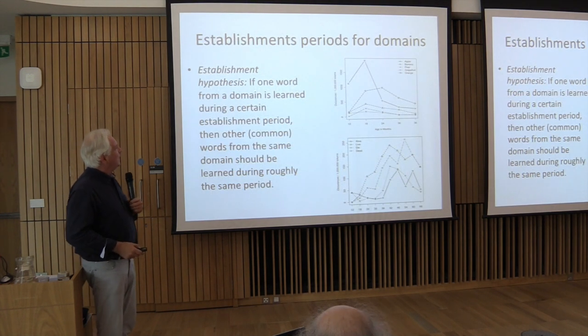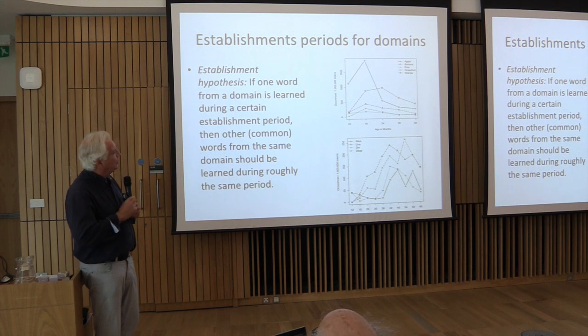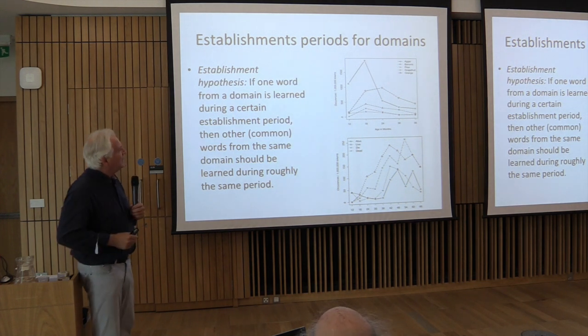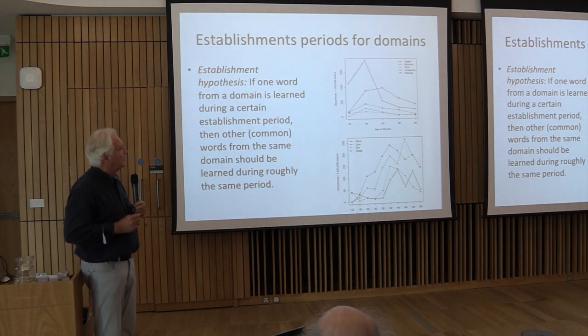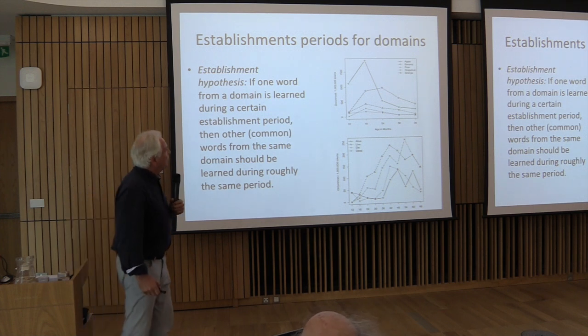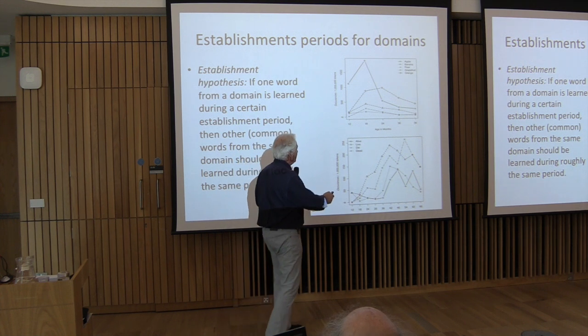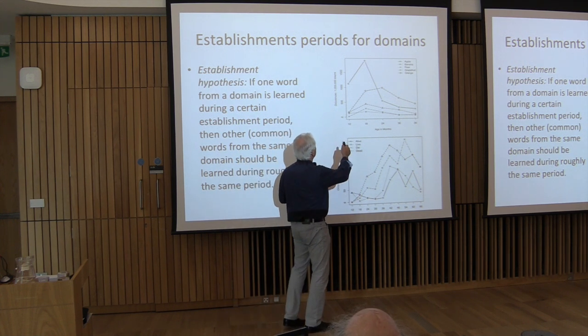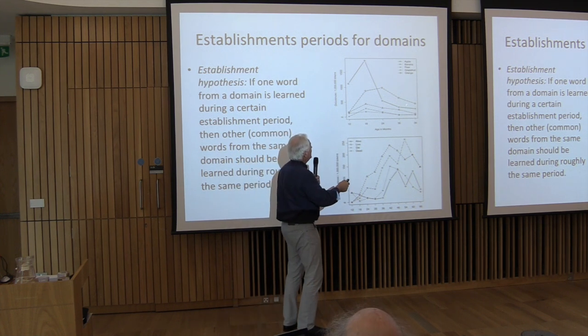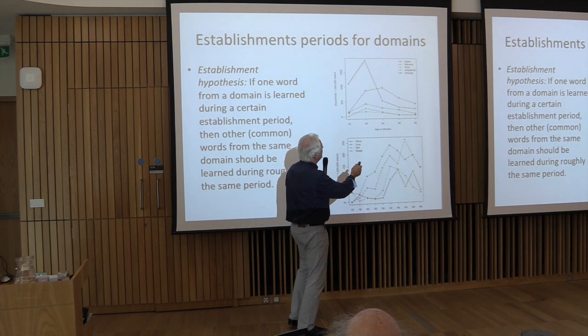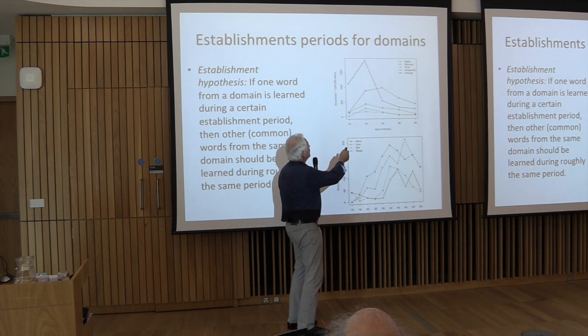So you can actually look at when certain domains are learned. And I did a bit of a search in the database called CHILDES, where you have a lot of child speech. So I looked at very concrete things like, this is age in months, and this is frequency in this database. So these are the fruit words. Basically, they are learned when a kid is about 18 months.